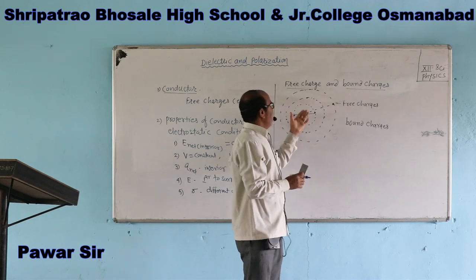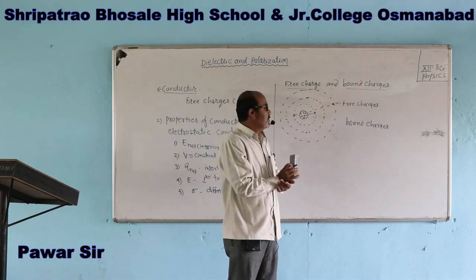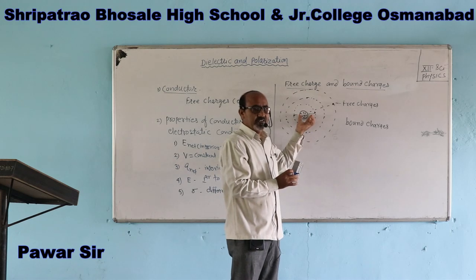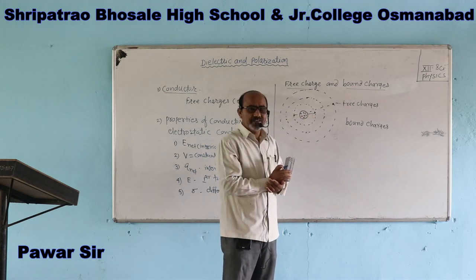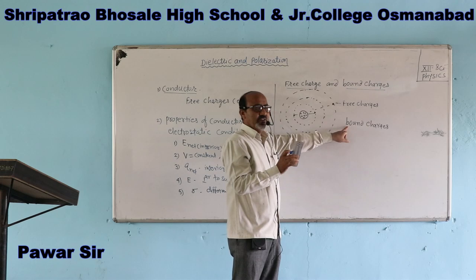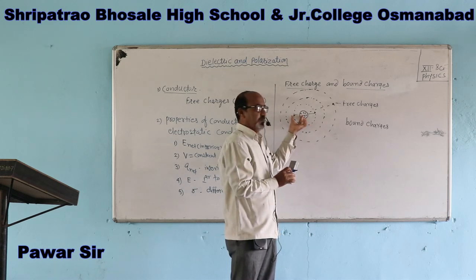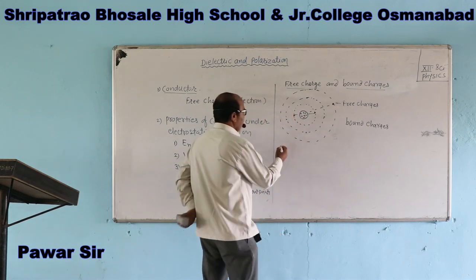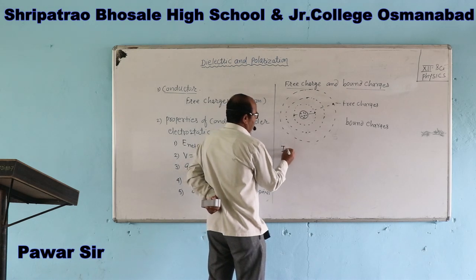Both positive charges and negative charges can act as charge carriers in conduction of electricity, but these bound charges cannot move due to the strong force of attraction. What is the meaning of insulator?